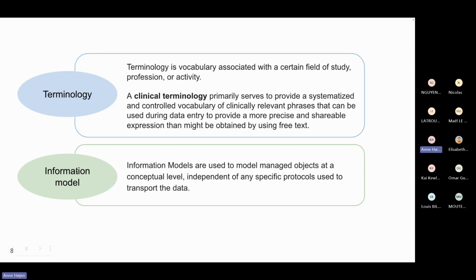A model is used to group objects and represent larger groups of information that should be understood together. And that is especially important, for example, if you're transporting data. It's not just sending a code, no, it's actually sending a code in a context so that it can be understood.